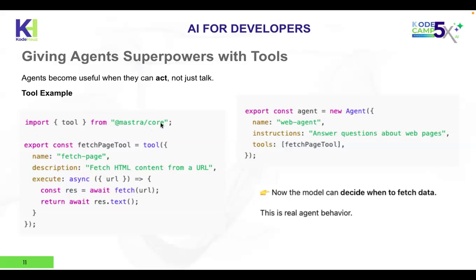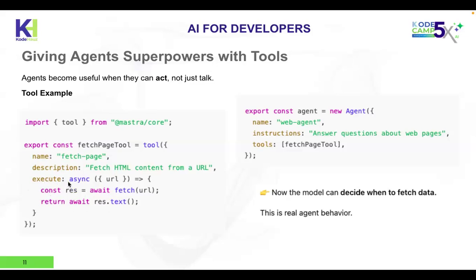Again, you import the tool from Mastra core, then you create a tool. And creating a tool is as easy as defining, you give it a name again, which is a very good concept. You give a description. This is what the LLM will use to figure out when it needs to call this tool. And then execute. You can see that execute is basically the implementation of the tool itself, right?